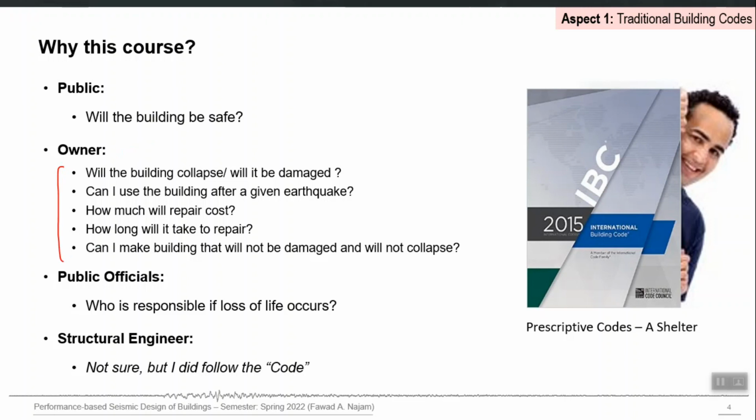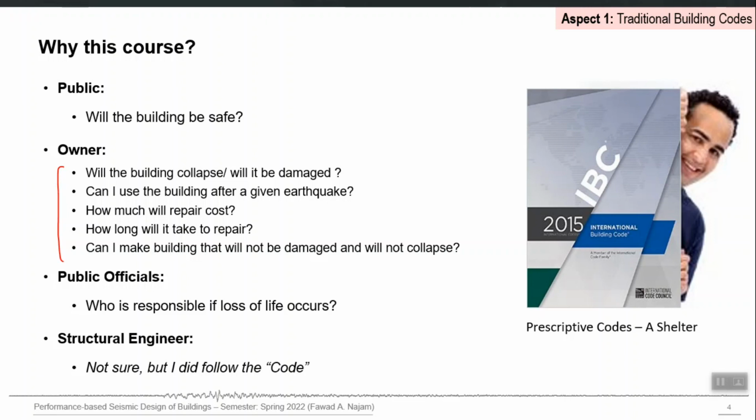How much downtime will I have to experience? And, for example, will my building be able to sustain an earthquake of this magnitude or not? These are those direct or explicit questions which you always face from building owners.